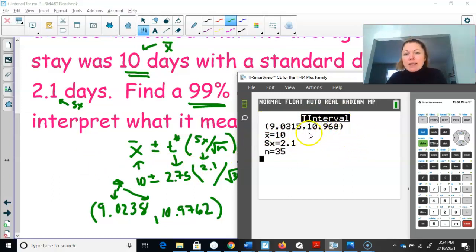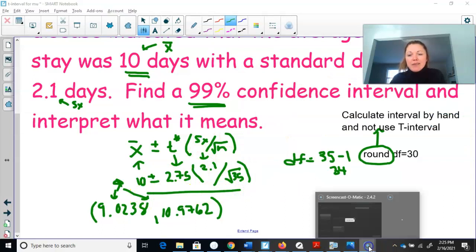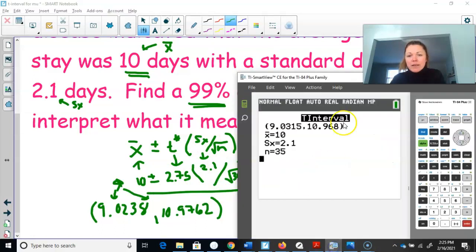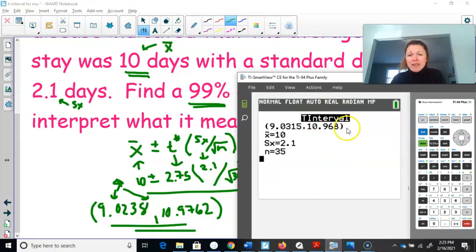It knows how to get that exact T star, so it didn't need to do any rounding. So if you do this work here but write down the calculator work, you'll get dinged a little bit, because when you type this in your calculator you should get this, but you didn't write that down. You wrote down what the graphing calculator gave us with the exact T star, so it doesn't match up perfectly.